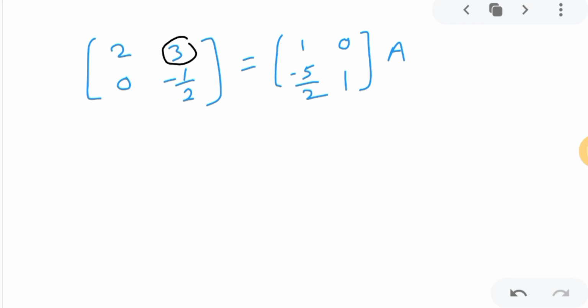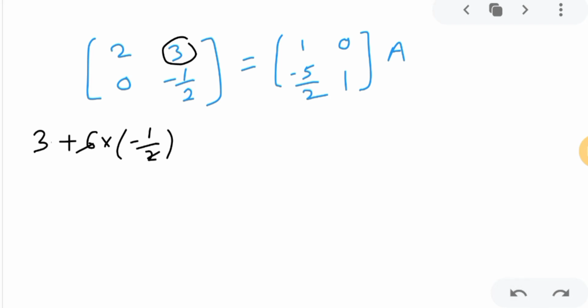This 3 will become 0 when I do 3 minus 3. If I perform an operation, the corresponding element is minus 1 upon 2, so I should do something like 6 into minus 1 upon 2. Then this will become 3 minus 3, 0.